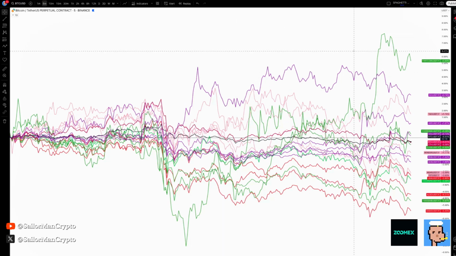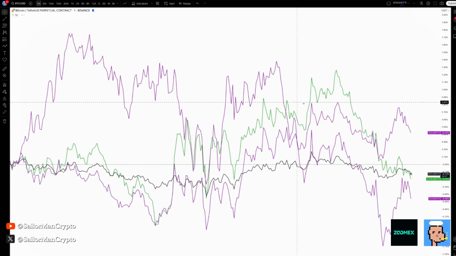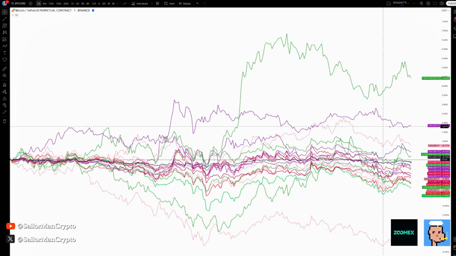If I check now the 5 minute, we can see that Bitcoin is more or less stable, this black one. Let's go to the 1 minute, probably more reliable. Bitcoin is not doing much, moving 0.13%, and we can see that FET has been performing badly here, Pepe is dropping and Farcoin was moving higher.